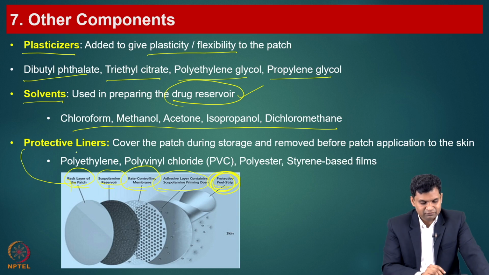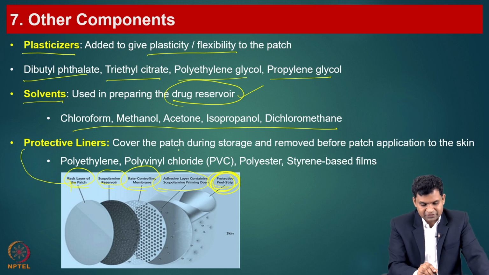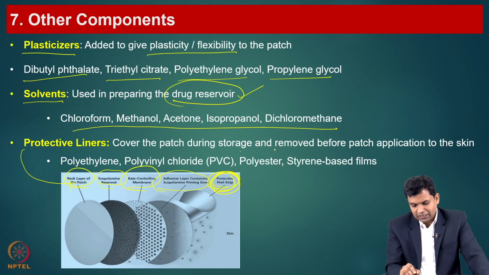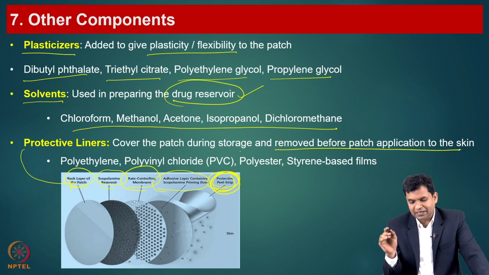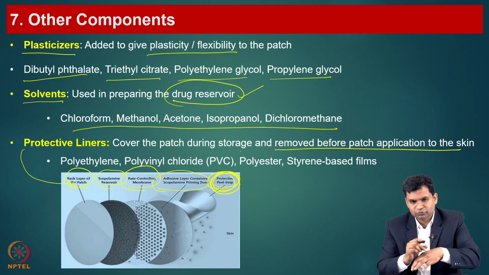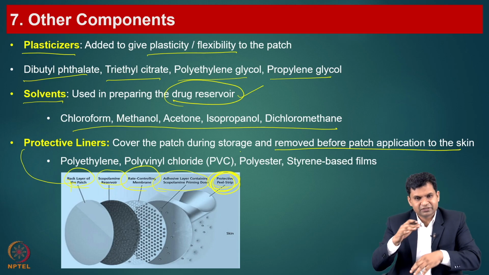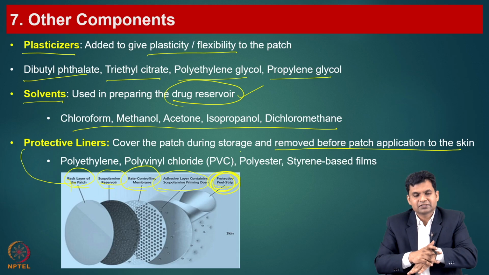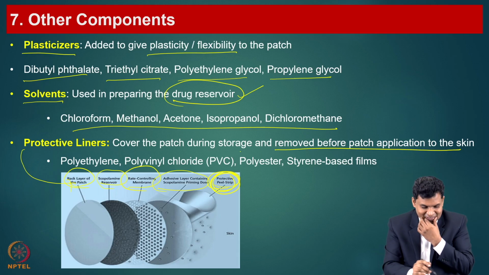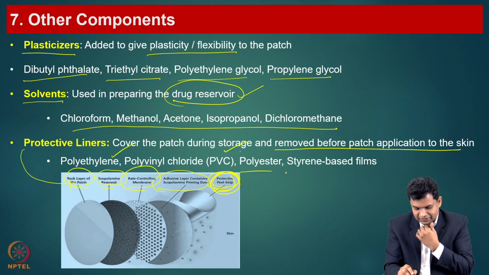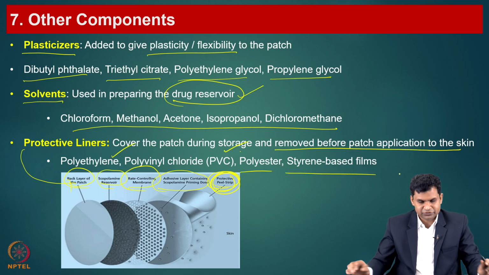The protective liner should cover the patch during storage and be removed before the patch is applied to the skin. So, before application we need to remove the protective liner, then adhere the patch to the skin. It can be made of polyethylene, PVC, polyester and styrene based films.